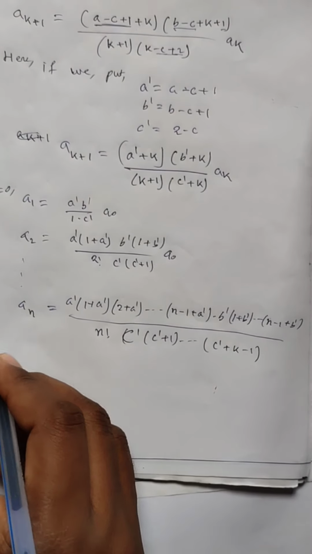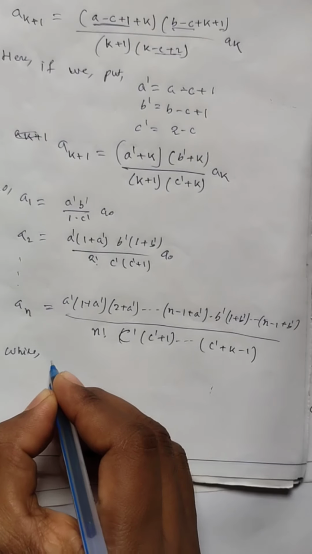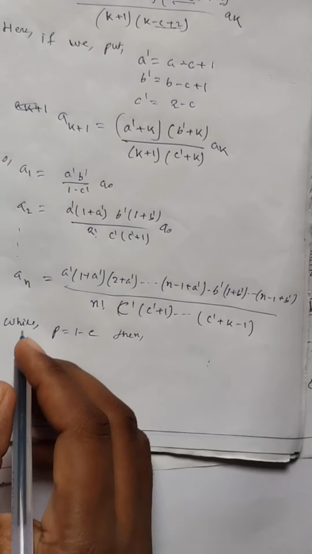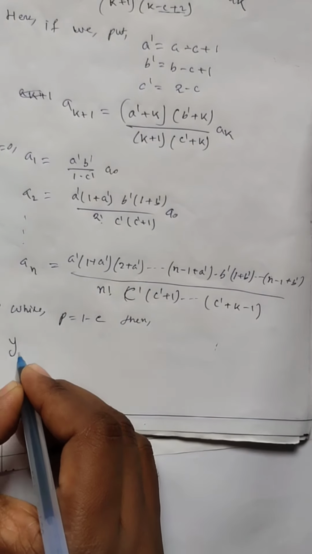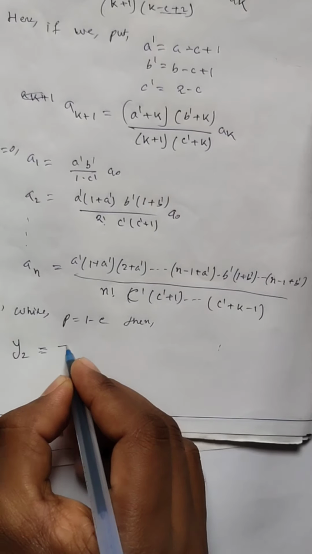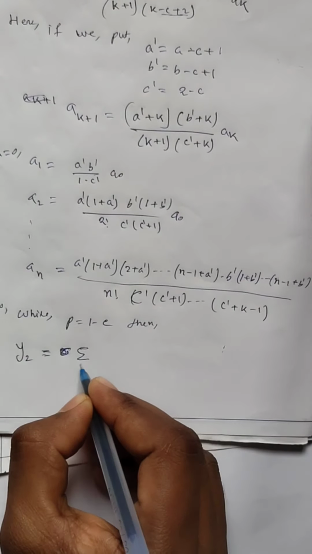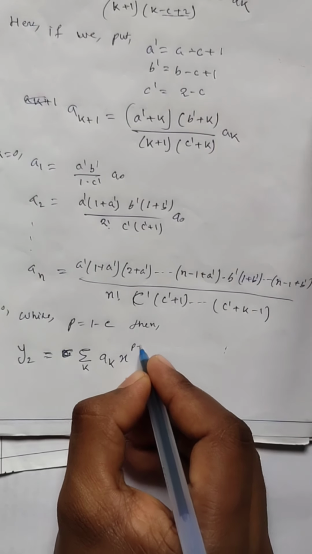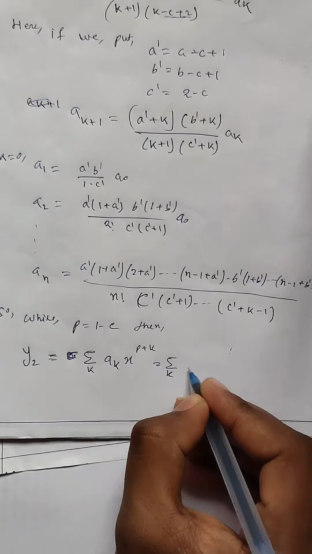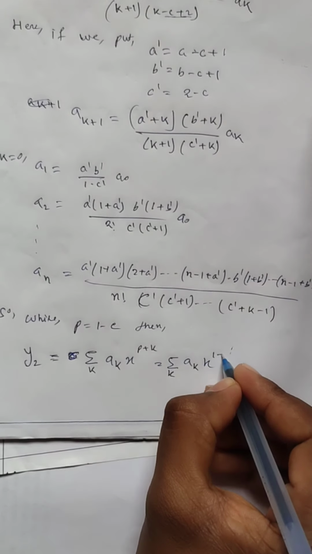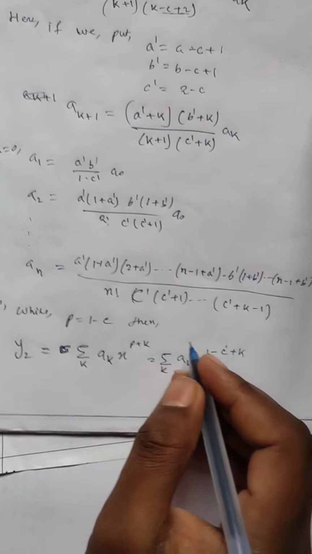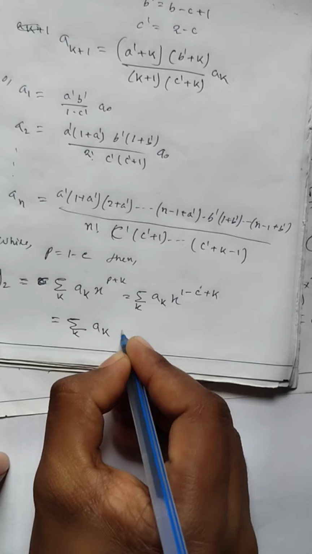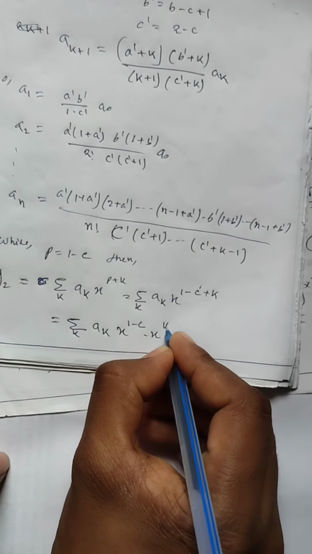Similarly, while p is equal to 1 minus c, then y2 is equal to the sum over k of ak x to the power p plus k. So the sum of ak x to the power 1 minus c plus k. So we can write the sum of ak x to the power 1 minus c into x to the power k.